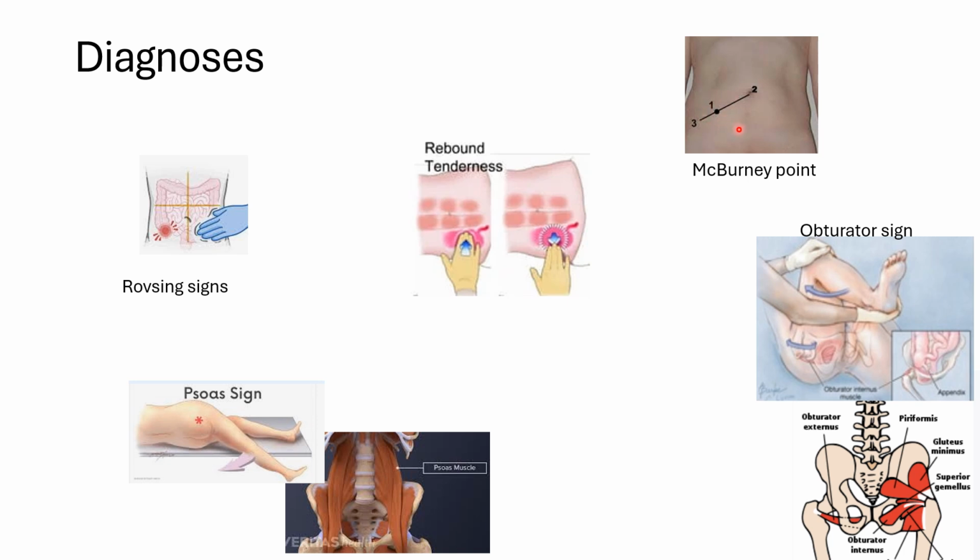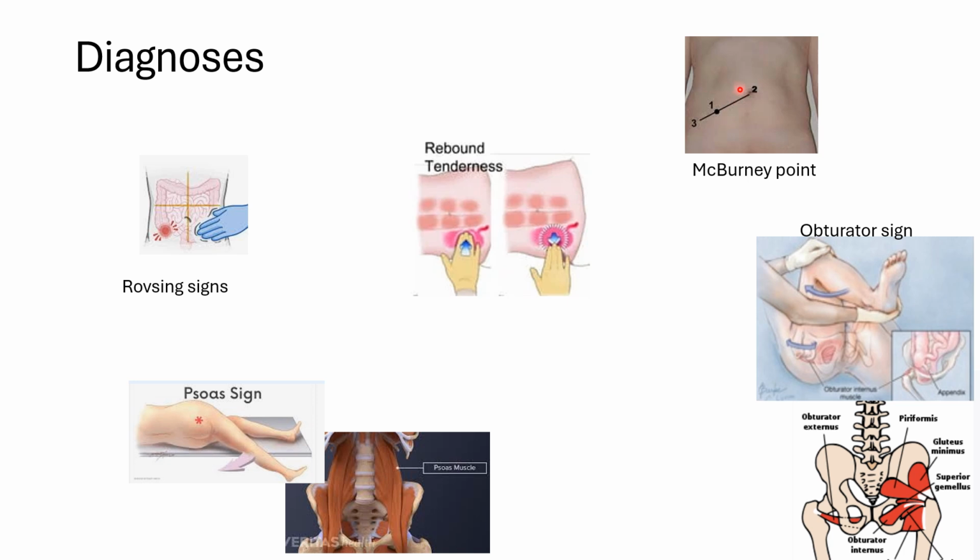And when you're examining, palpating the patient's belly on the right side, you would see that there is a point where they usually say they have more pain, which is known as McBurney point.